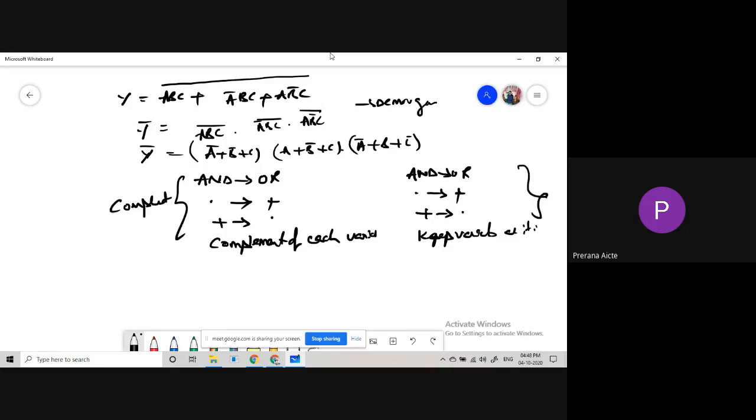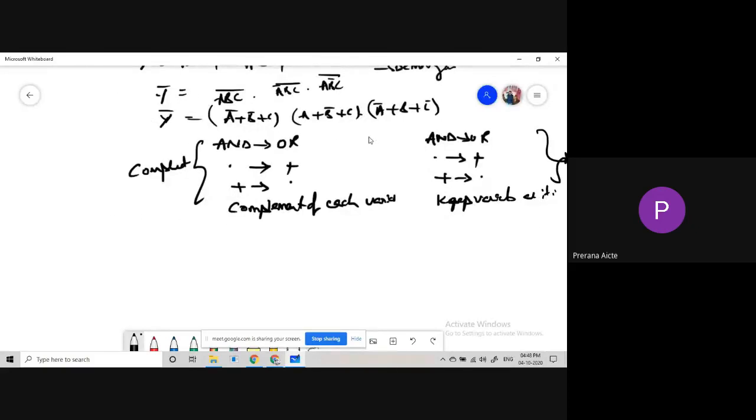So this is nothing but the dual. So are you getting the difference between complement and the duality principle? In complement, the variables are also complemented. In duality, the variables are constant, so we are not changing them.